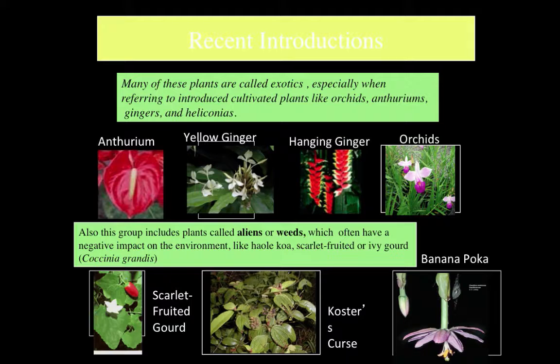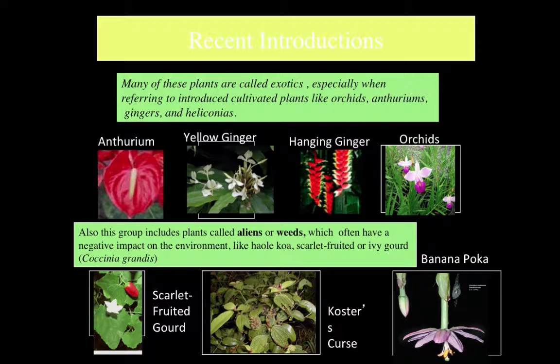So, recent introductions. Like I said before, there are thousands of species. But some of these species were introduced here, became naturalized, and became invasive. They arrived in the islands and found perfect environments and started reproducing. When they started reproducing, they started taking over areas where native plants inhabit.